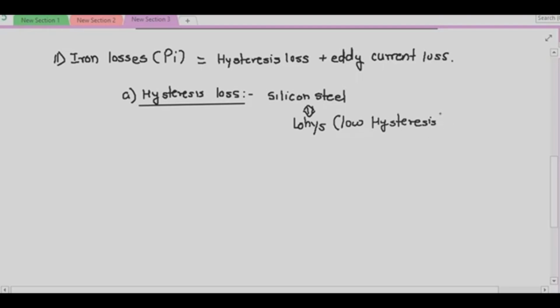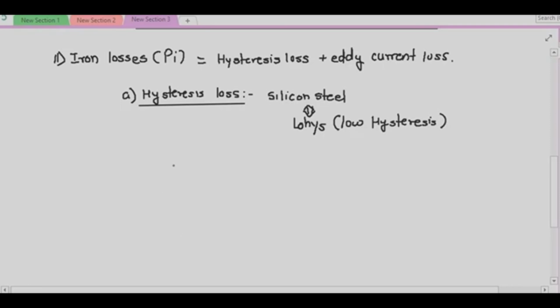The hysteresis loss is normally frequency dependent. As we increase the frequency of operation, the hysteresis loss will increase proportionately. This loss takes place in the transformer core because the core is continuously subjected to rapid reversal of magnetization by the alternating flux, which is produced by the alternating current flowing through the primary winding as well as the secondary winding.